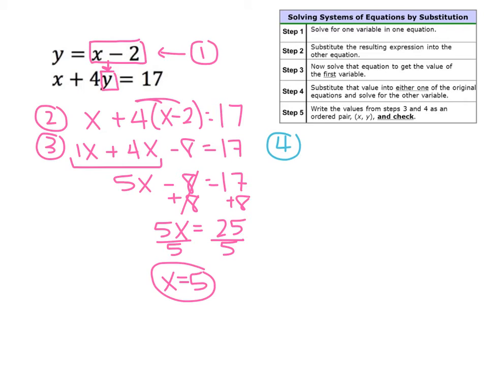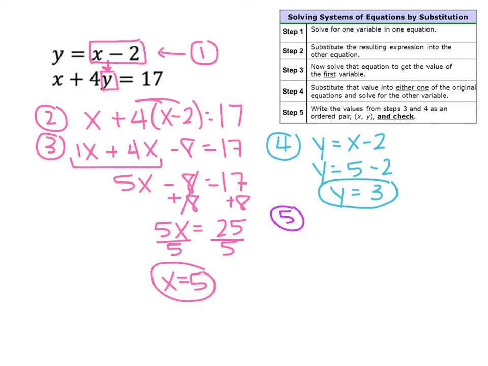I'm going to substitute it into the one that already has y by itself. If I know y is x minus 2, but I also know x is 5, that means y is 5 minus 2. And 5 minus 2 is 3. So our last step, step 5, write my answer as an ordered pair x comma y: 5 comma 3.